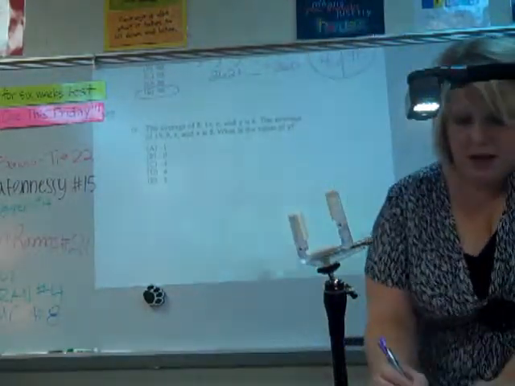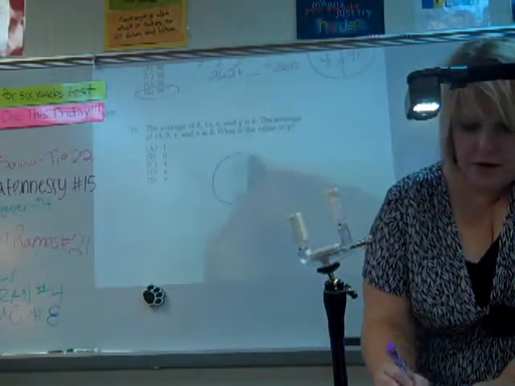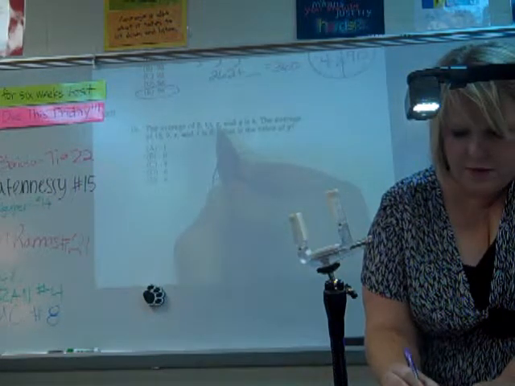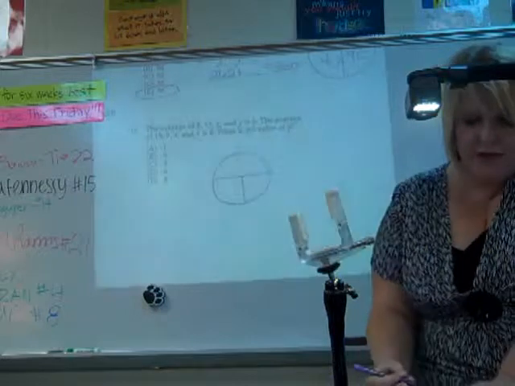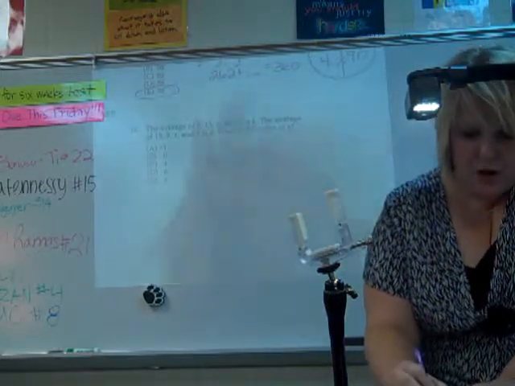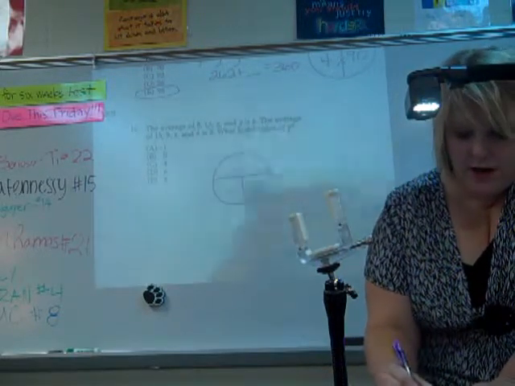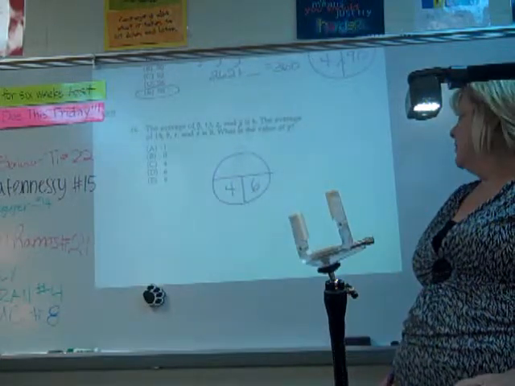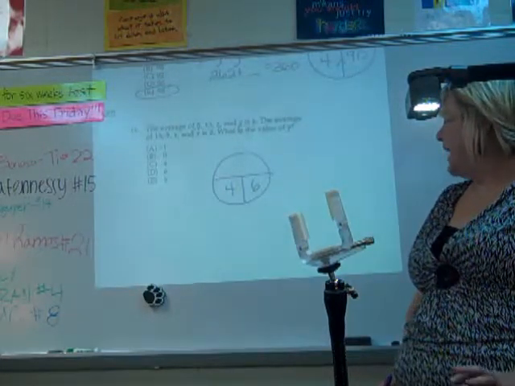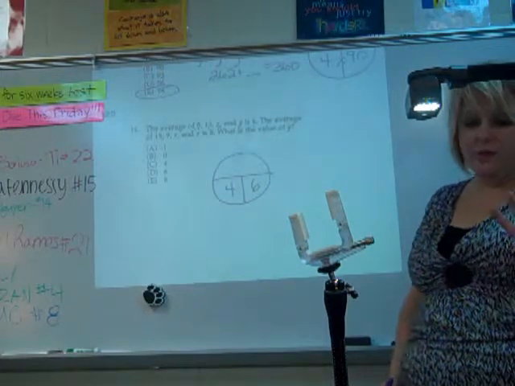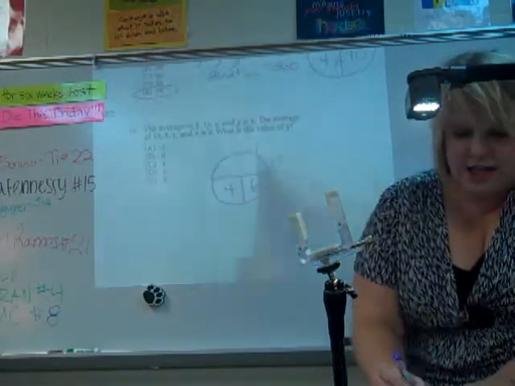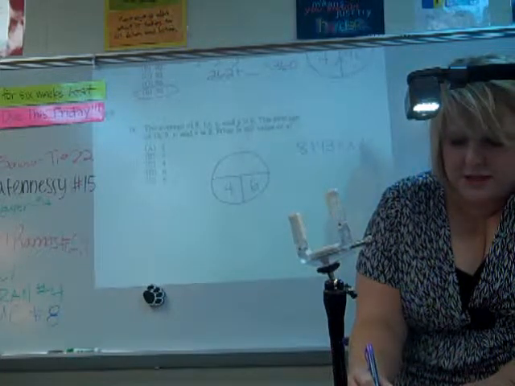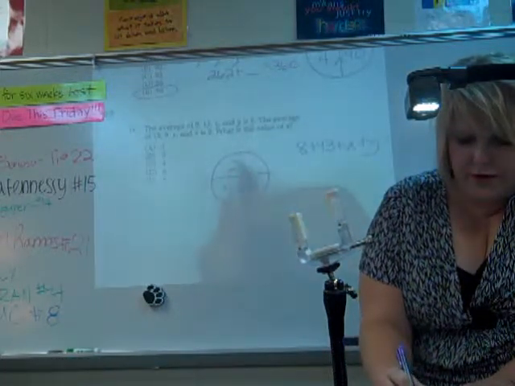So in the first group, we have 1, 2, 3, 4 things that average to 6. Right? 8, 13, X, and Y. That's 4 things. Their average is 6, so that means 8 plus 13 plus X plus Y has to total 24.